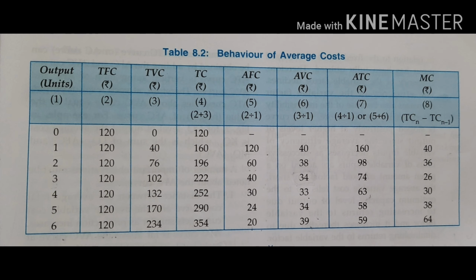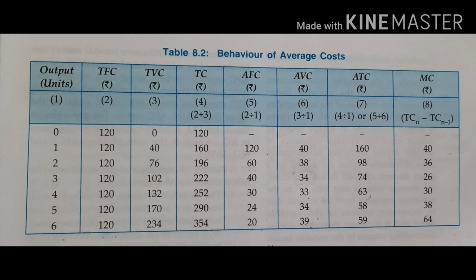Since total fixed cost is constant, when you keep on dividing it by further units of output produced, the average fixed cost will fall.